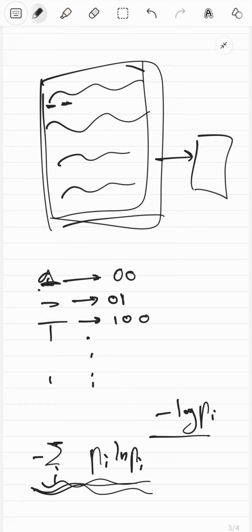So let's say there are m characters. The number of bits required for each character would just be log base 2 of m. So this is the maximum entropy, if that makes sense.